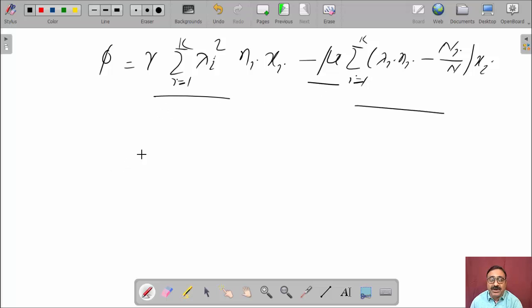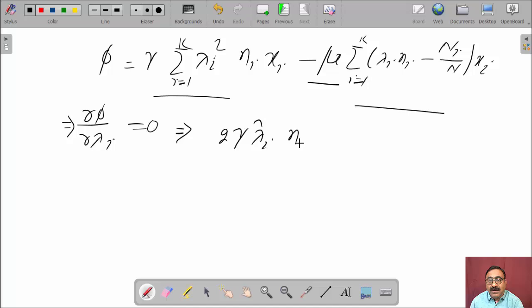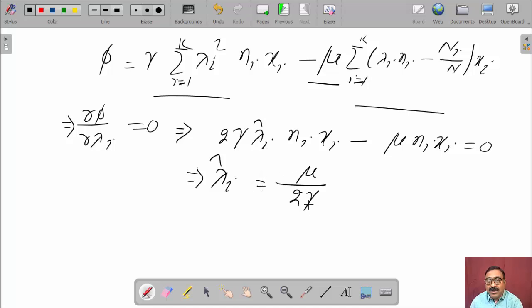Mu is the Lagrange's multiplier. So now differentiating with respect to lambda i and equating to 0, we get 2 gamma lambda i cap n_i x_i minus mu n_i x_i equal to 0. That implies lambda i cap equal to mu by 2 gamma, i equal to 1 to k.